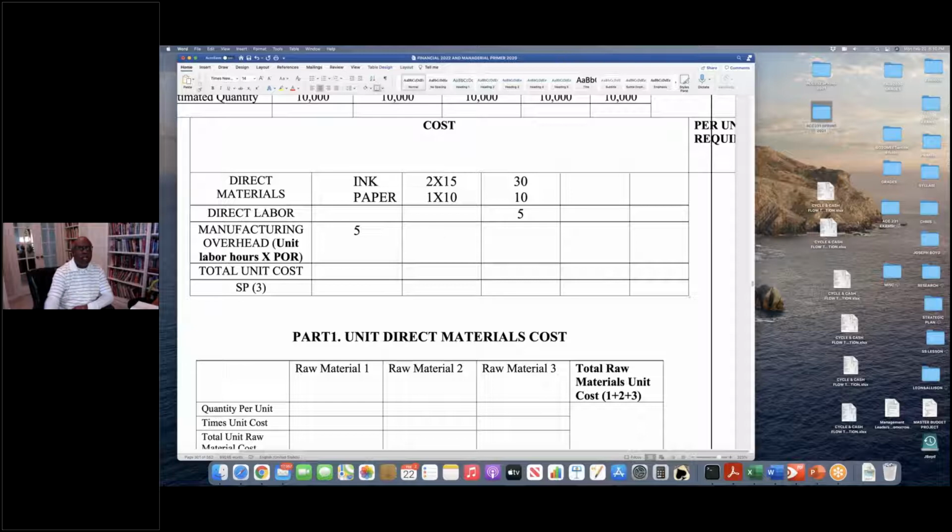I wasn't done. Can I see those numbers in the middle?